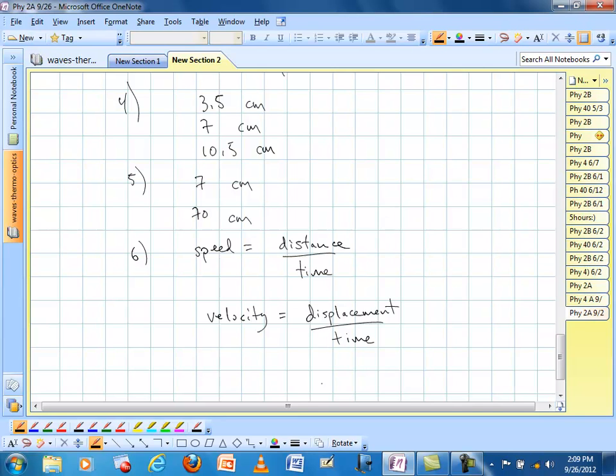And you're back at the same place. No displacement. So you had some average speed the whole time you were running, right? But in the end, you didn't go anywhere. So your average velocity was 0. Does that make sense? We'll talk more about that.